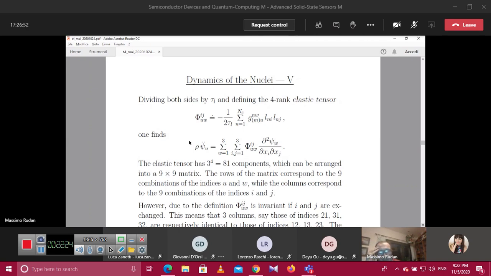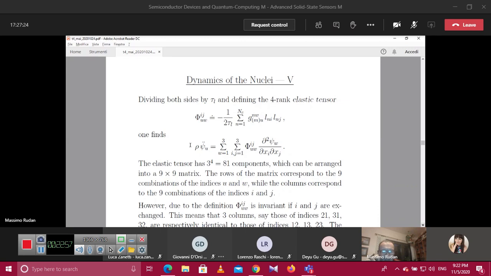It is equal to a triple sum. It is triple because we sum over W, I, and J of this elastic tensor times the second derivative of the displacement with respect to any 2 coordinates. So this is the compact form of the equation.